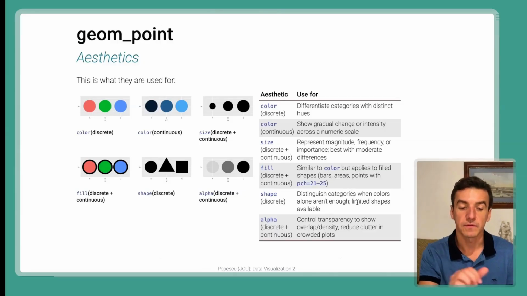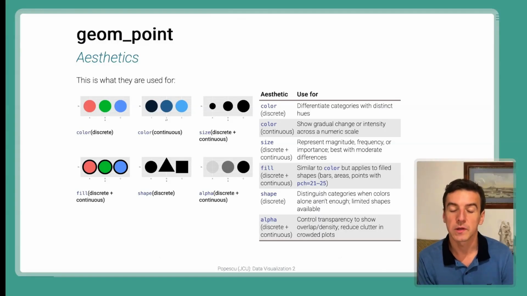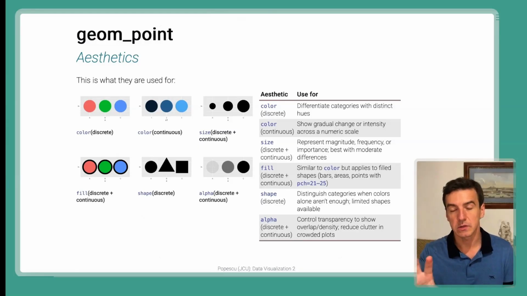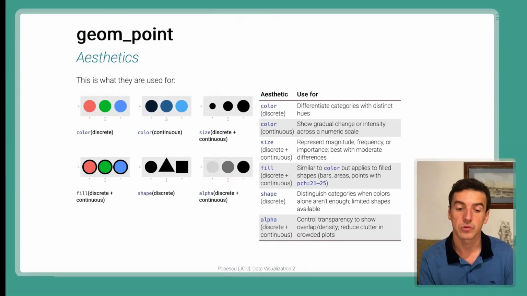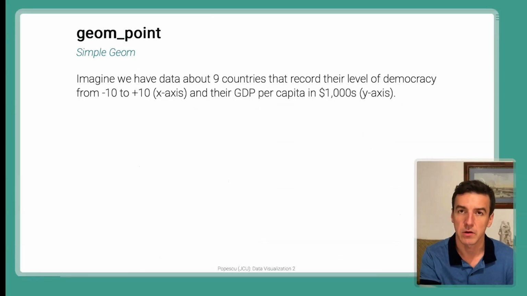We can have different fills, so a different fill color for both discrete and continuous variables. We can have different shapes that allow us to distinguish between different categories in our data. And then alpha, once again, both for continuous and discrete variables if we want to map categories or quantities over transparency.